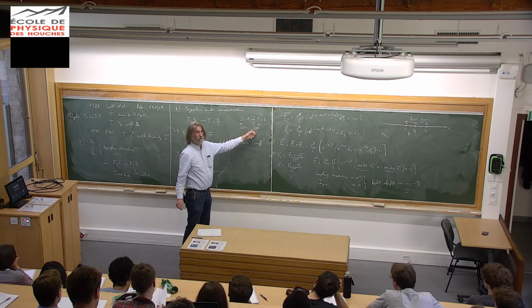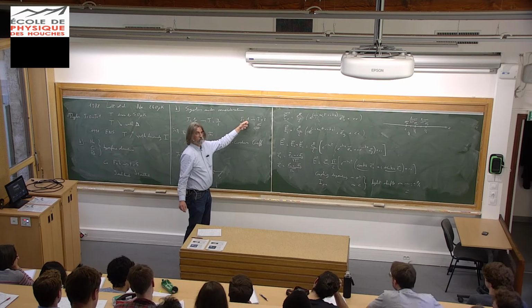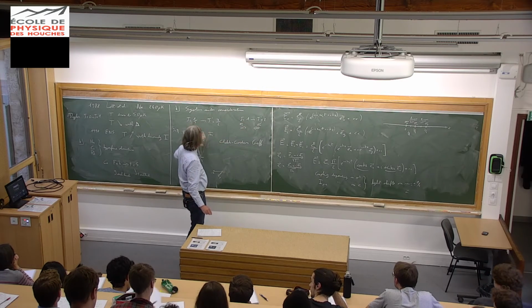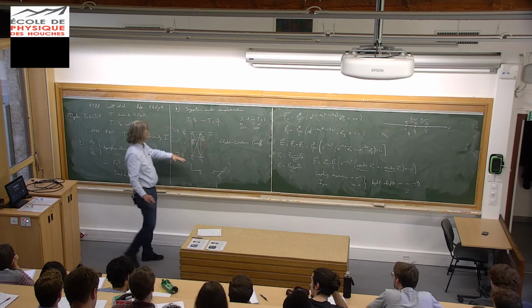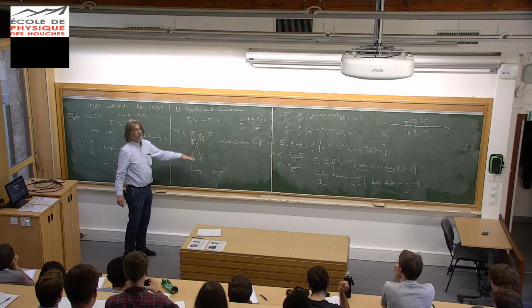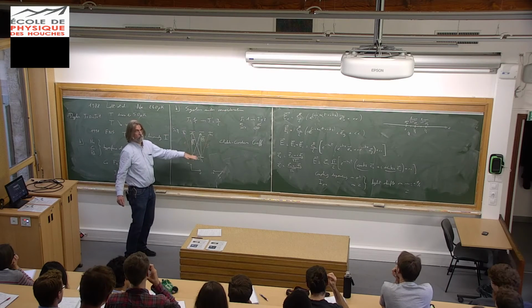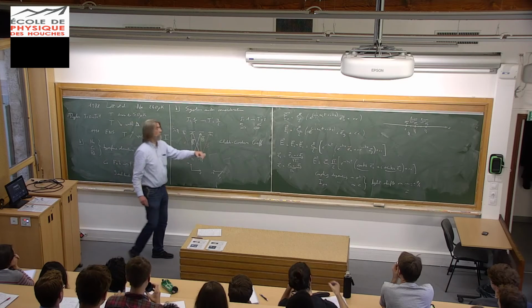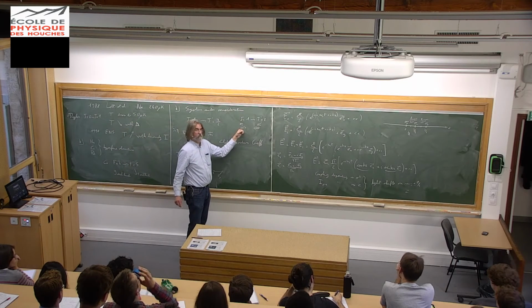But they are slightly different. And you need 2 more levels to describe it. So I prefer this system, which is in fact the simplest system that exhibits some sub-Doppler mechanisms. But if you really want, you can also compute that.